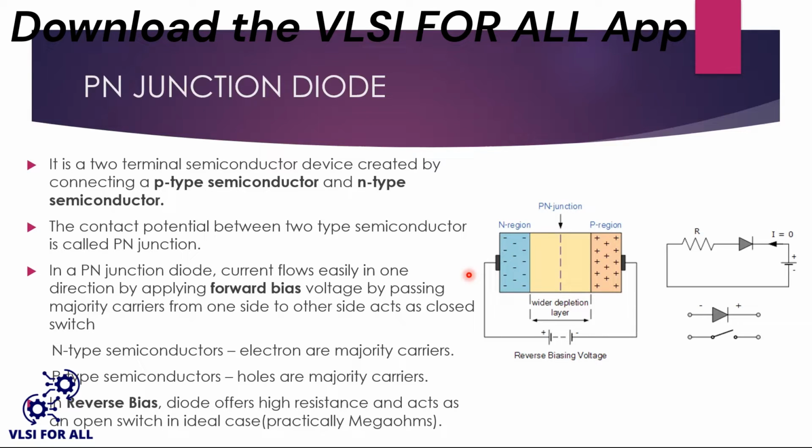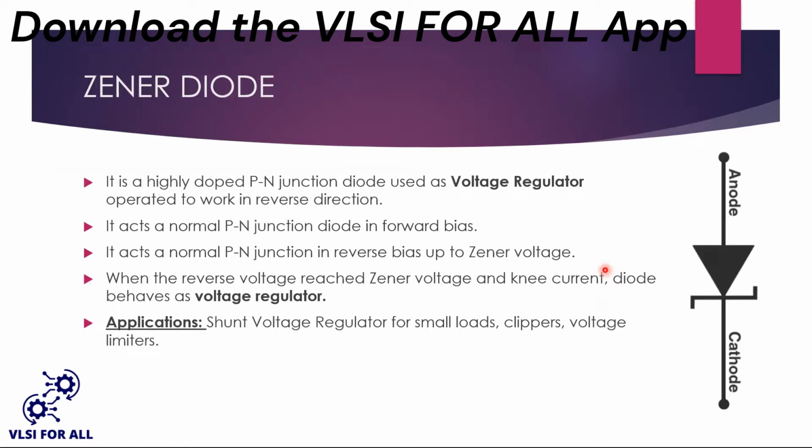That is due to the minority carriers traveling through that depletion region. In the N region, holes are the minority carriers, and in P-type silicon, electrons are the minority carriers. So due to the transfer of these holes and electrons from the N region and P region, the minority carriers, we will be able to see microamperes and nanoamperes of current through the reverse bias.